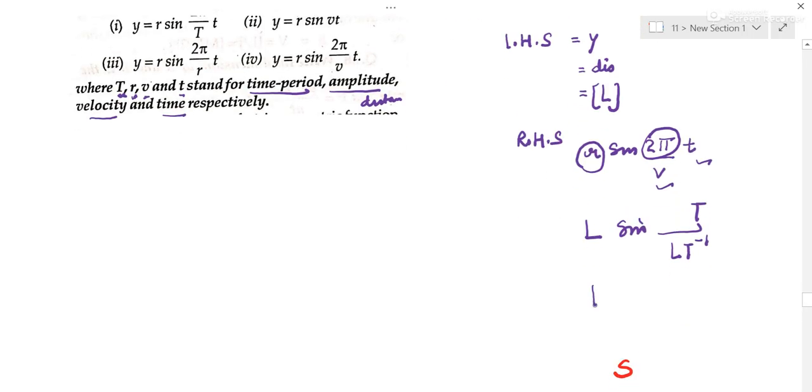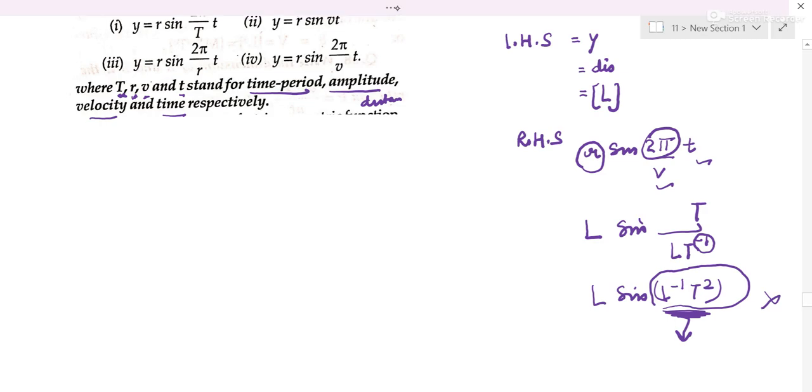Okay, so it will come as L, sine of L minus 1, T minus 1 will go up, will be added, so it is this. Now children, remember, sine has to be dimensionless. This thing has to be dimensionless because it is angle. So this is wrong.